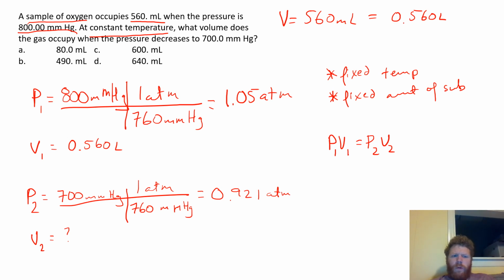So we could wrap this up as 1.05 times 0.560 divided by 0.921.